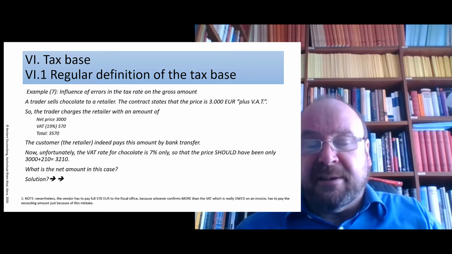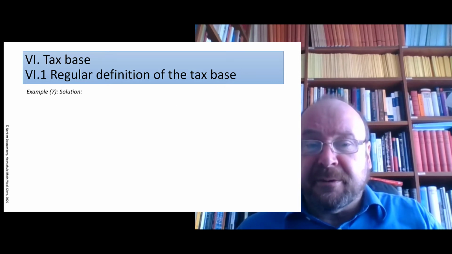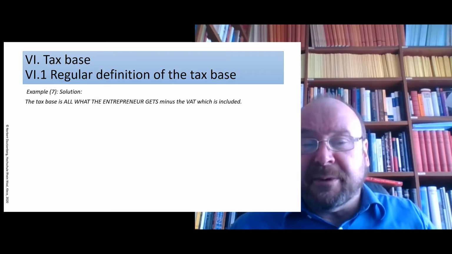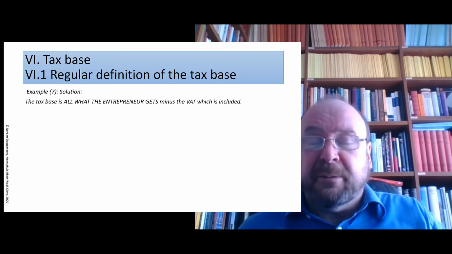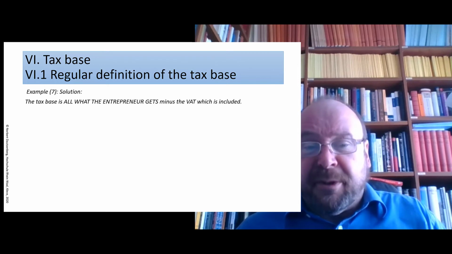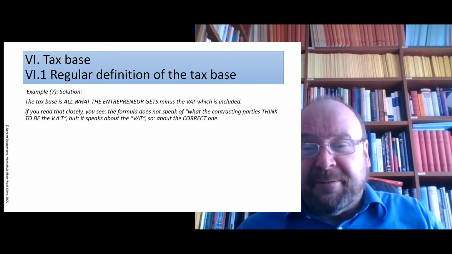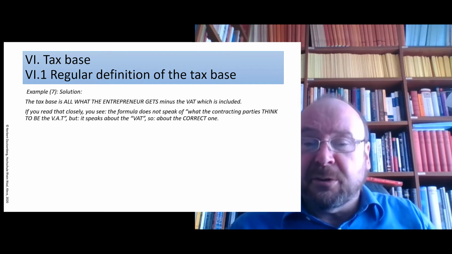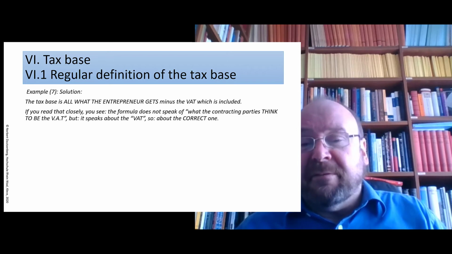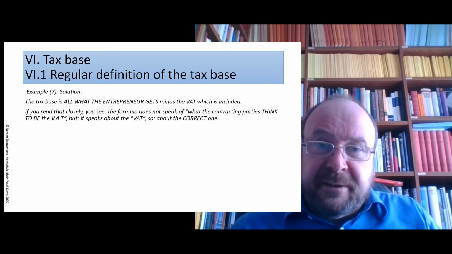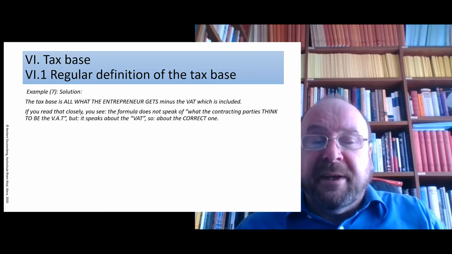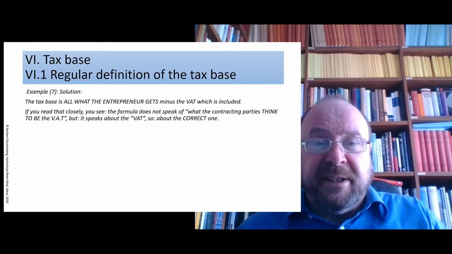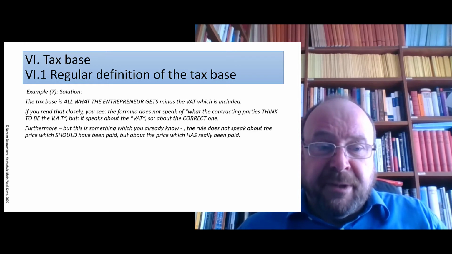What is the net amount? And the answer is, look to the legal formula. The tax base is all what the entrepreneur gets minus the VAT which is included. All what the entrepreneur gets here is definitively not what the contracting parties think they should be getting. And the VAT included is definitively not what the people think to be the VAT, but the VAT under the law, the correct one.